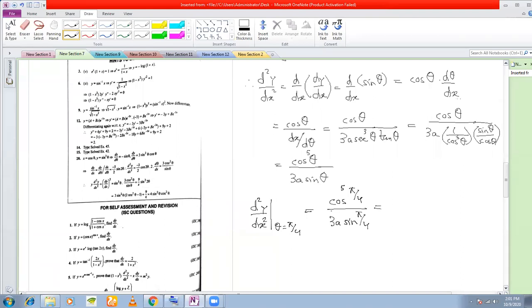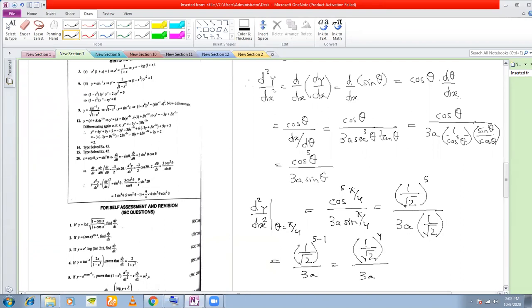How much is cos pi by 4? Cos 45 is 1 by root 2. So this is 1 by root 2 to the power of 5 divided by 3a, and sine is also 1 by root 2. By the laws of indices, this is 5 minus 1, so you get 1 by root 2 to the power of 4 divided by 3a.